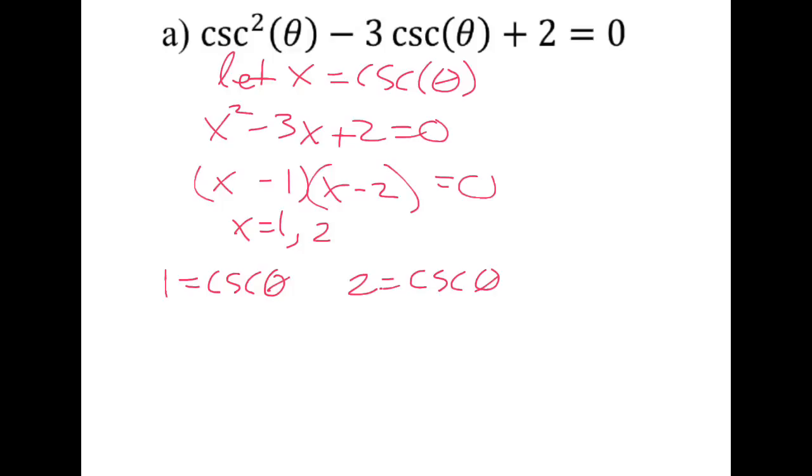But again, let's not think of this in terms of the reciprocal functions. Let's make them either sine, cosine, or tangent. So sine is a reciprocal of cosecant. So the reciprocal of 1 is 1 equals sine of theta. And same here, the reciprocal of 2 is 1/2 equals sine of theta.